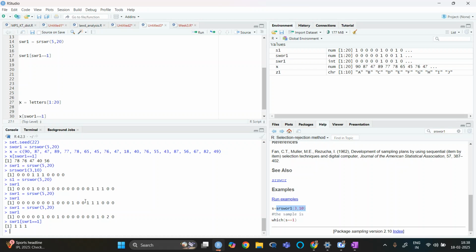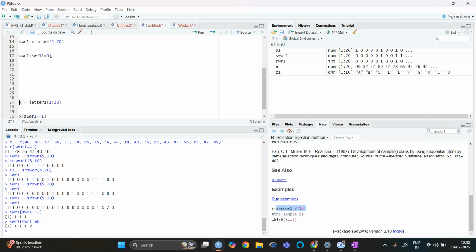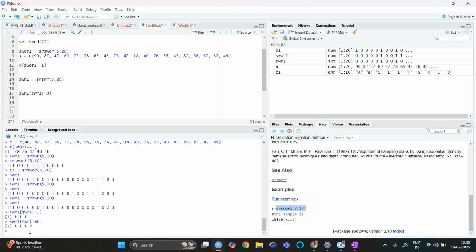So instead of equal to 1, we need to use not equal to 0. Not equal to 0 will work for SRS with replacement. Without replacement also you can see that not equal to 0 will be 111 up to the indexes we want. But in with replacement sampling we need this not equal to 0 to find which number is repeated.